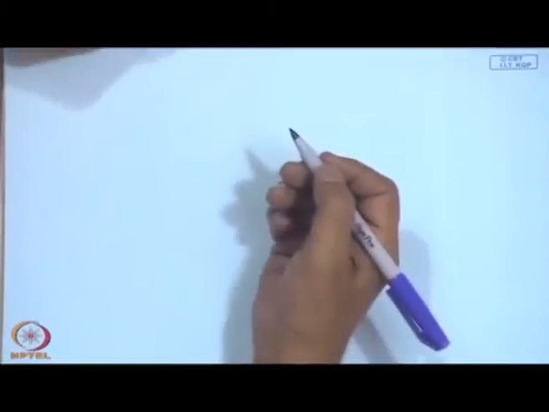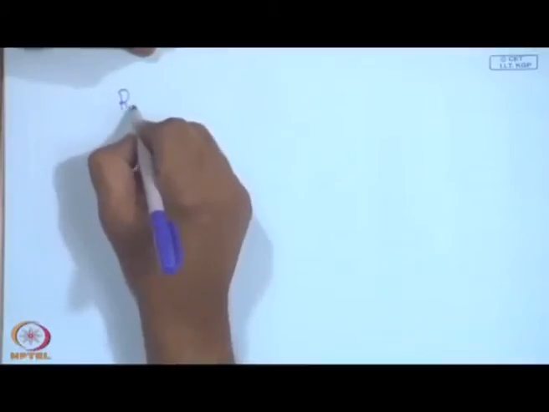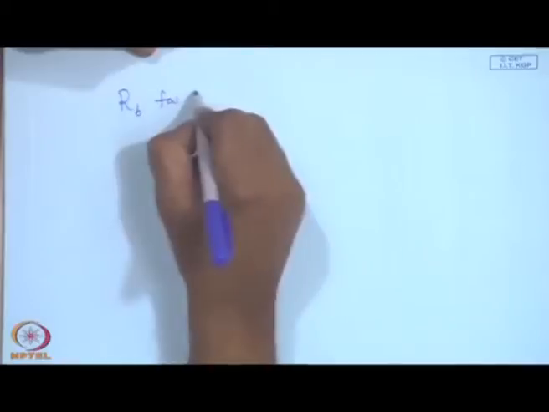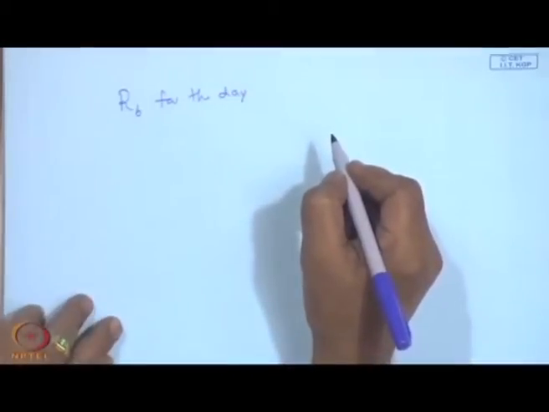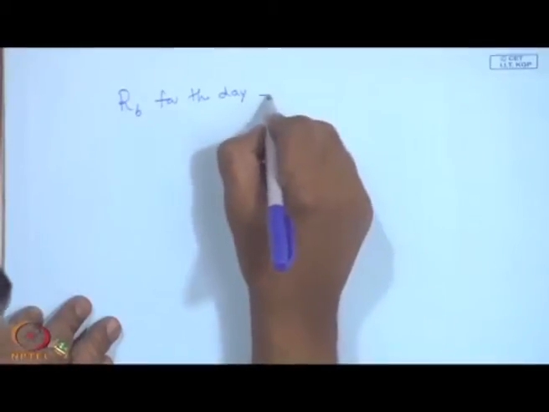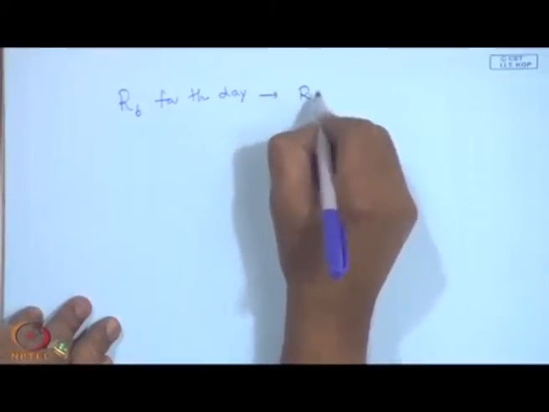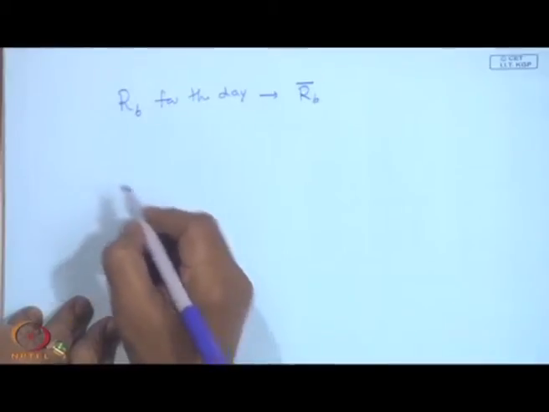But how do I define, if I want to have a daily R B for the day? Okay. So, let us call it R B bar, like we have been doing.